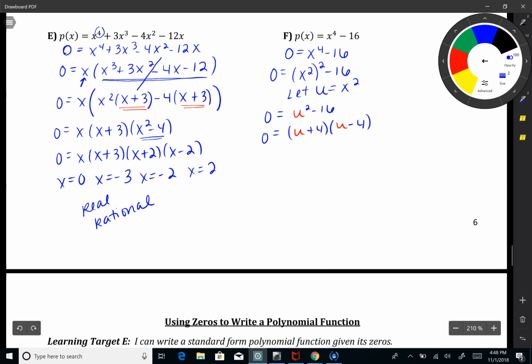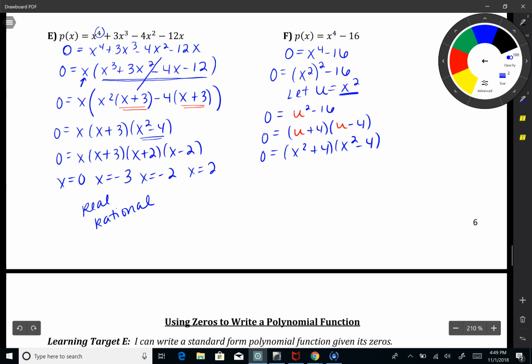Now that I've factored it, it's time to put my actual value for u back in, which is x squared. So 0 equals x squared plus 4 times x squared minus 4.